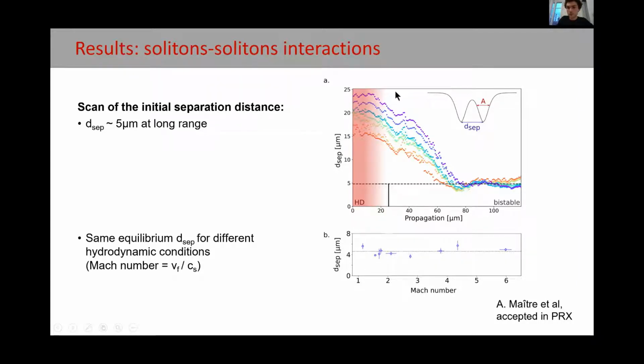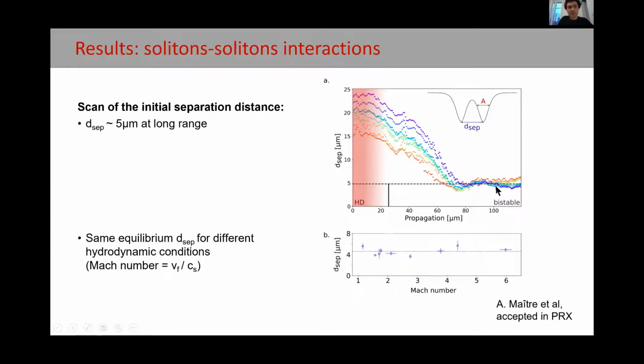Each color corresponds to a different initial separation distance. And as you can see, whatever this initial separation distance, in the end all the solitons tend to an equilibrium separation distance of 5 micrometers.